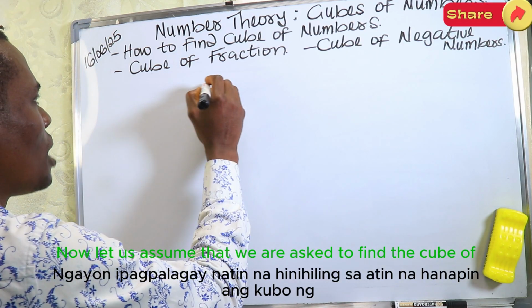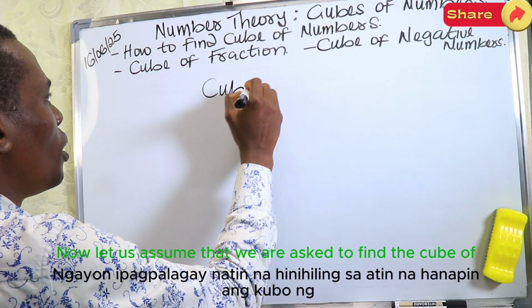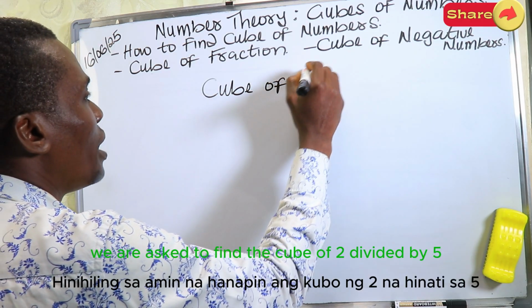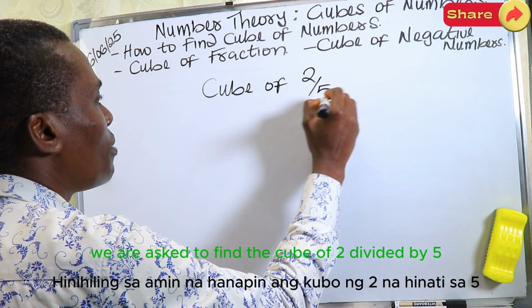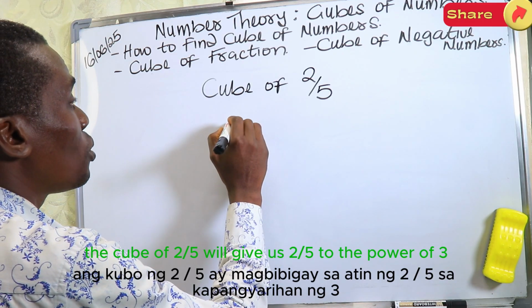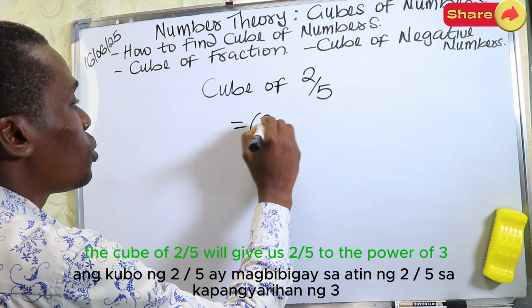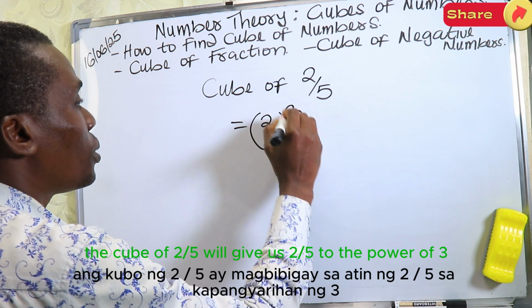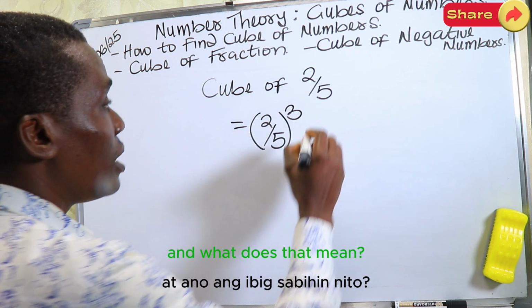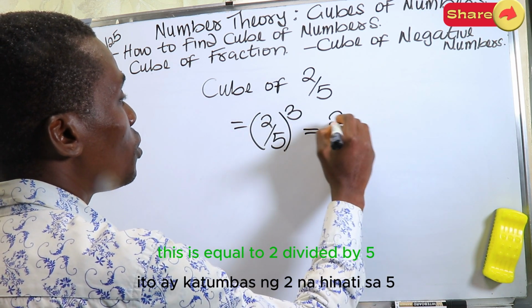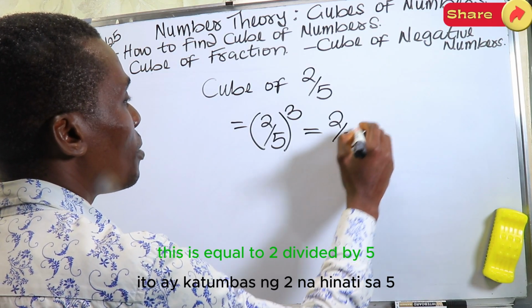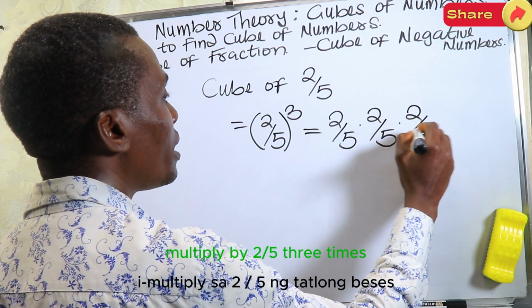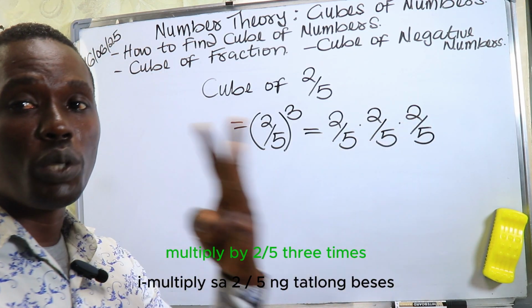Now let's assume that we are asked to find the cube of 2 divided by 5. The cube of 2 divided by 5 will give us 2 divided by 5 to the power of 3. What does that mean? This is equal to 2 divided by 5 multiplied by 2 divided by 5, 3 times.